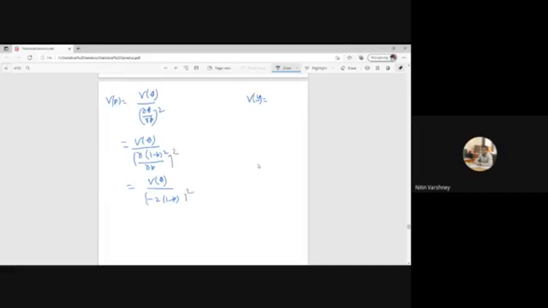So from here, if we calculate, this will be 4 times 1 minus p square, and 1 minus p is theta. So this will be variance of theta upon 4 theta.